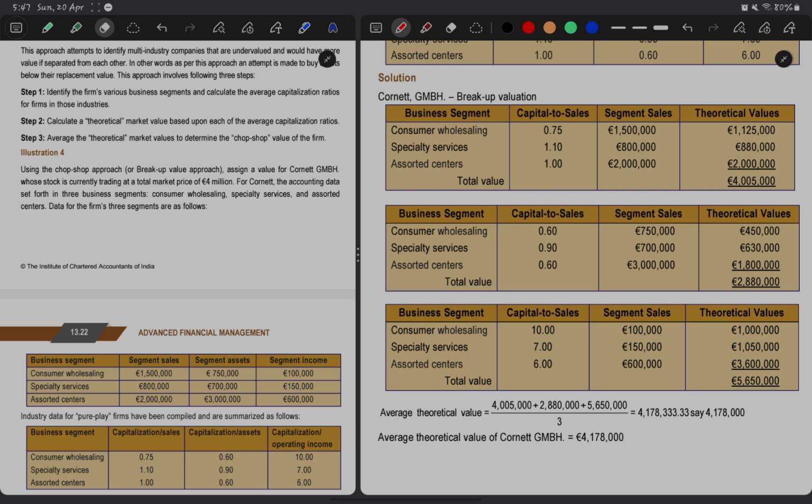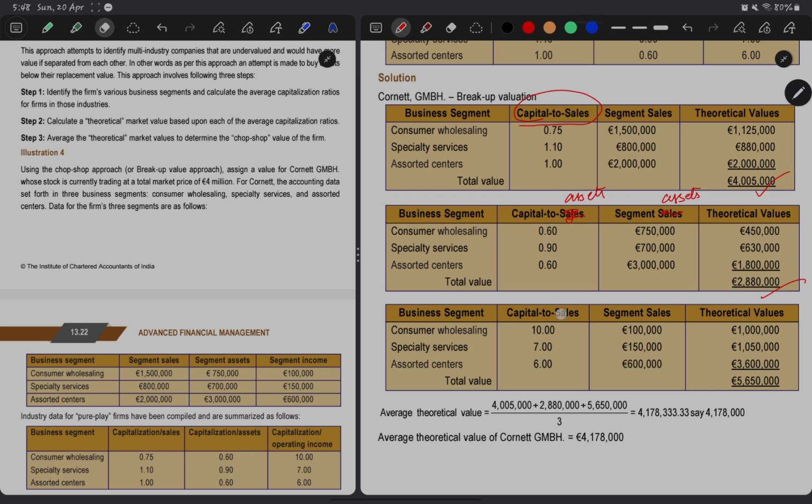Going one by one, first capitalization to sales. Multiplying the multiple with the sales will give us a total of 40 lakh 5,000 for this capital to sales. Then capital to assets, multiplied with segment assets, that is 28 lakh 80,000.